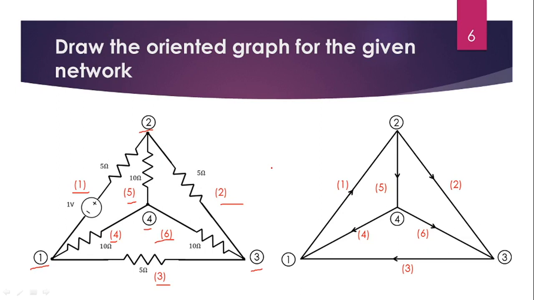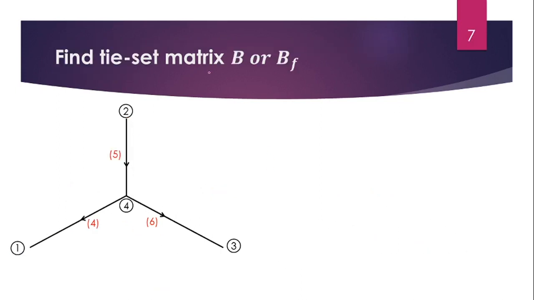Once we get this oriented graph, after that we can easily find out the tie-set matrix. How? Here we want to find out the tie-set matrix, that is B or B suffix F. For that we have to select any tree. You can select any one tree. So here we just select the tree having branches 4, 5, 6. The branches of a tree are known as twigs, and the branches which are not part of the tree are known as links.